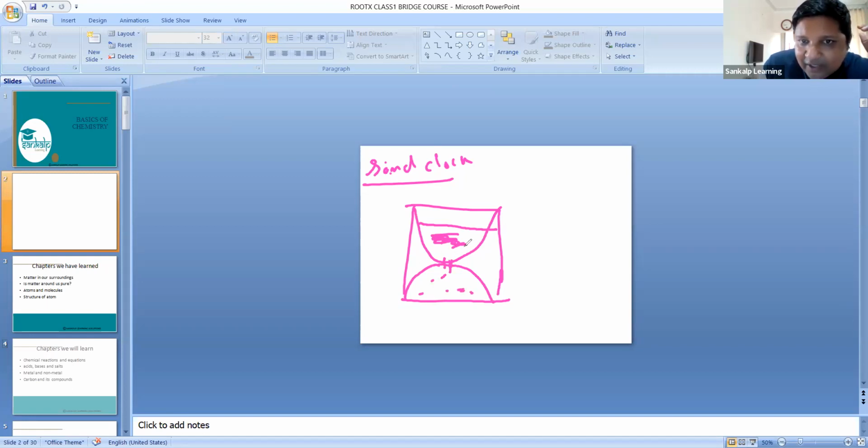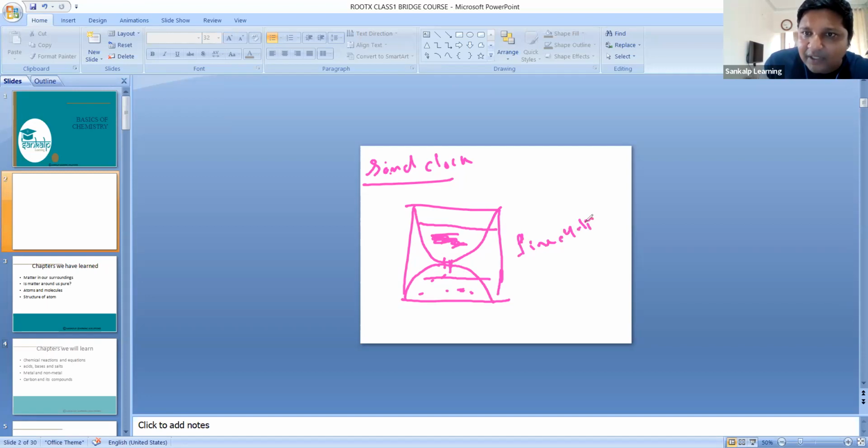So when the sand in the upper bulb is over, you will record what time it is taking to flow from this part to that part, and based on that you will get a fixed time.